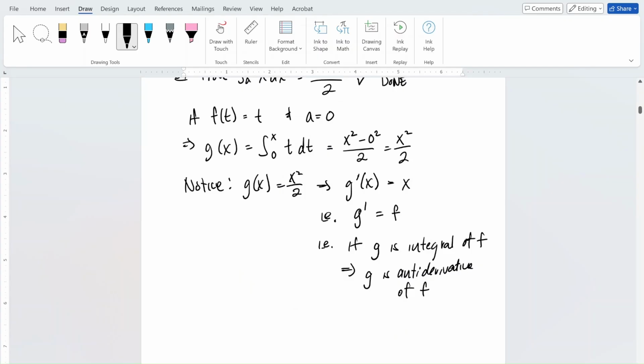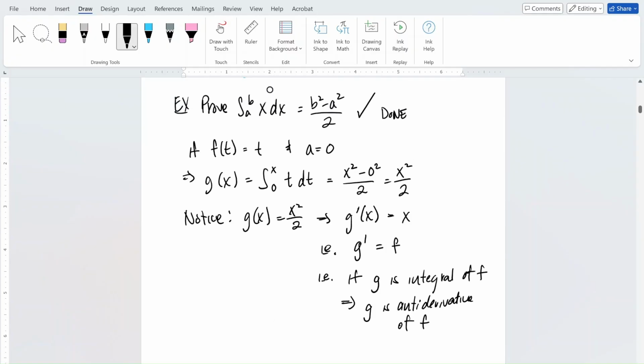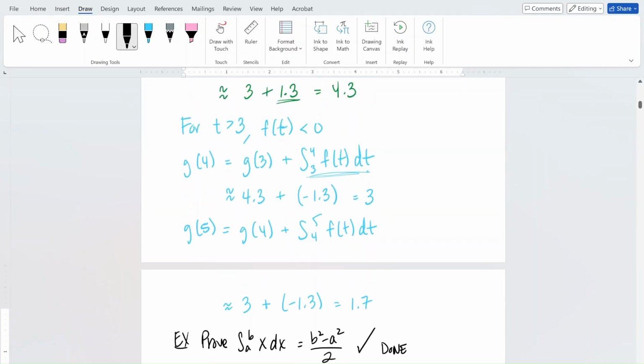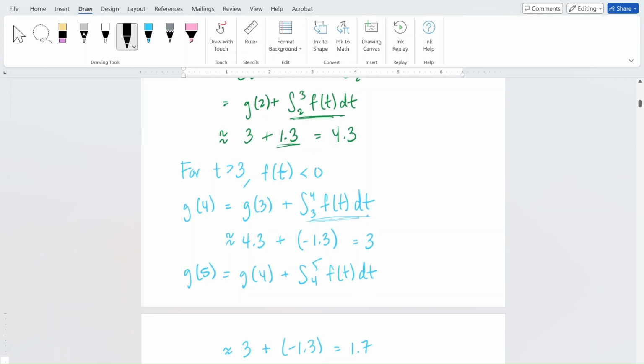Now, if you want to connect this back to what we did earlier, which I forgot to draw the graph, I apologize. Let me draw the graph of G. If I draw the graph of G here from my previous example, I get what values?